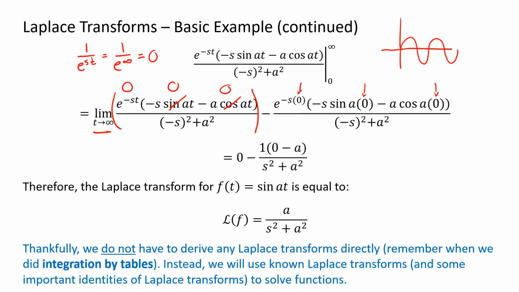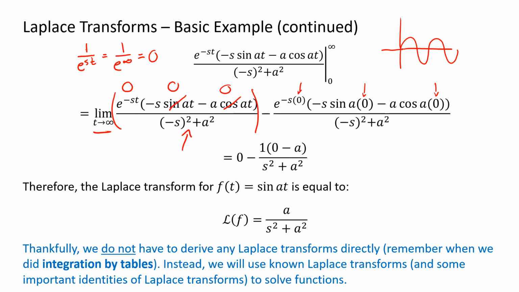And in the denominator, we have just some number, s squared plus a squared. We're not substituting in infinity anywhere. So 0 divided by any number means that first term is just 0. As we take that limit and substitute in infinity, that's what we get there.